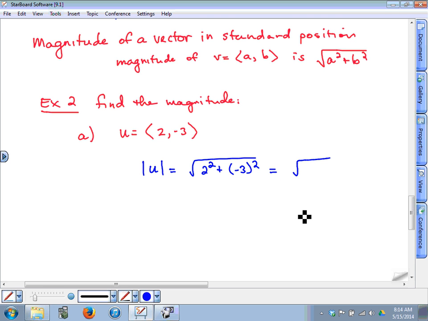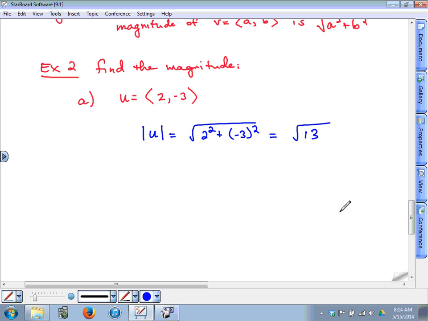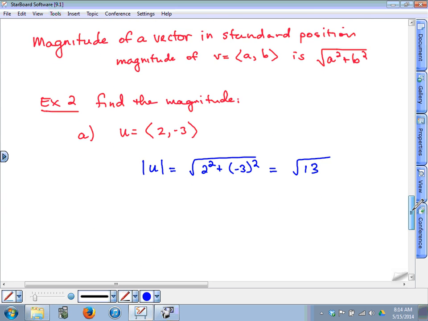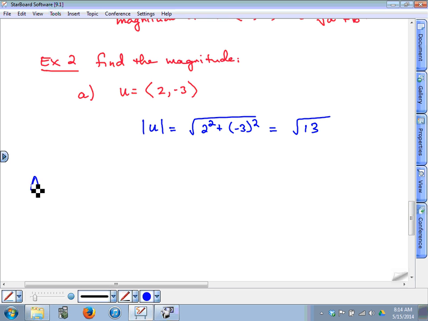Square root of 13. Not too difficult. Any questions on finding the magnitude of a vector? It's pretty easy, as long as it's in standard form. You've got to make sure that vector is in standard form, or standard position.